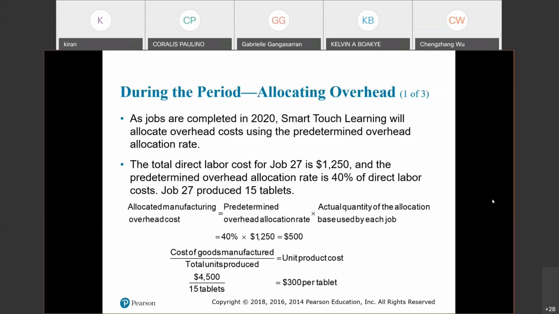Let's see. As jobs are completed in 2020, SmartTouch Learning will allocate overhead costs using the predetermined overhead allocation rate. Let's assume the total direct labor for job 27 is $1,250, and the predetermined overhead allocation rate is 40% of direct labor cost.